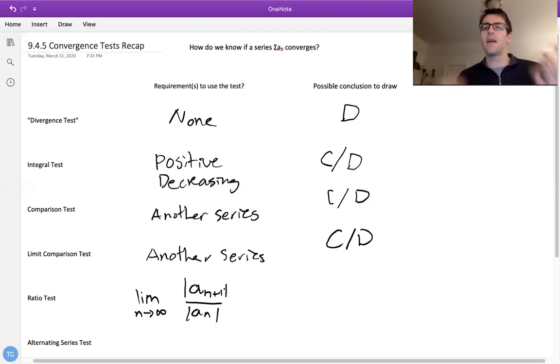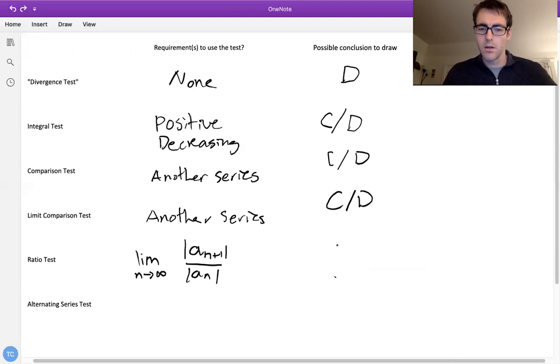Or if it decreases, how quickly does it decrease? And with this thing, depending on what number we get here, which we often call L, we might conclude that it converges, we might conclude that it diverges, or we might conclude that it's inconclusive. If the number we get out here is 1, we don't actually really learn anything.